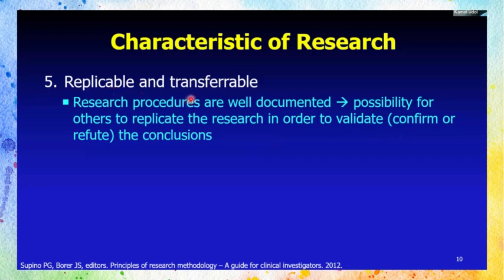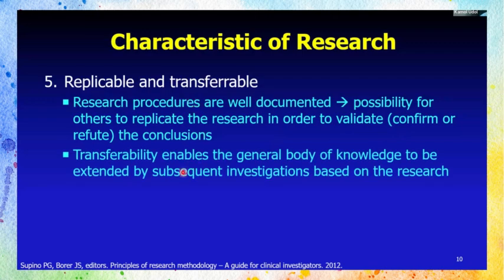And research should be transferable. Transferability enables the general body of knowledge to be extended by subsequent investigations based on research. When we do research, we have the conclusion, then we should transfer this knowledge to other people so that they can continue, they can further the knowledge, they can extend the knowledge.